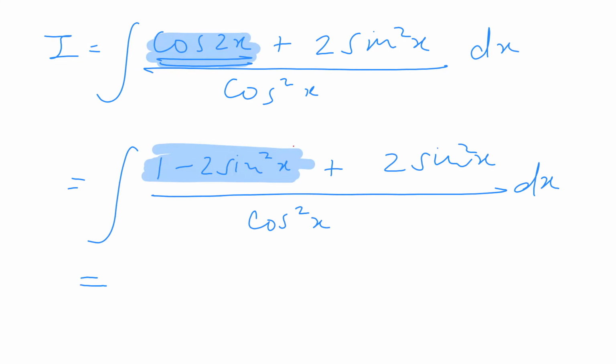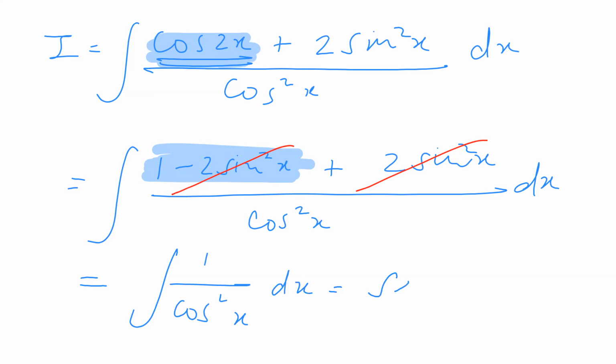So don't you feel this 2 sine square x and 2 sine square x will get cancelled? So this will be 1 upon cos square x, and 1 upon cos square x is sec square x, and integration of sec square x is tan x plus c. Have you understood this one? Please copy.